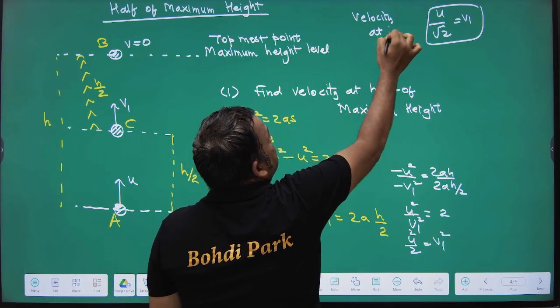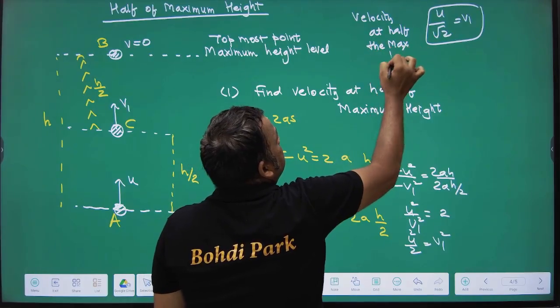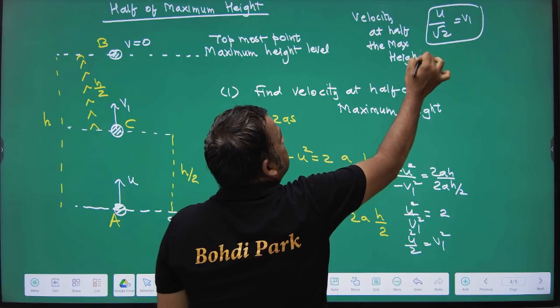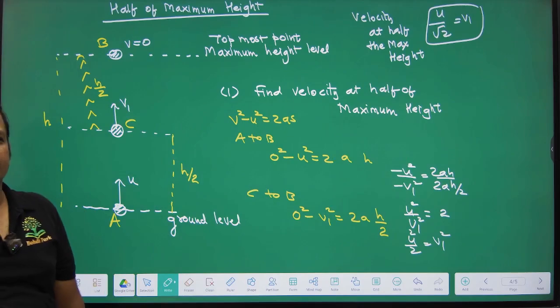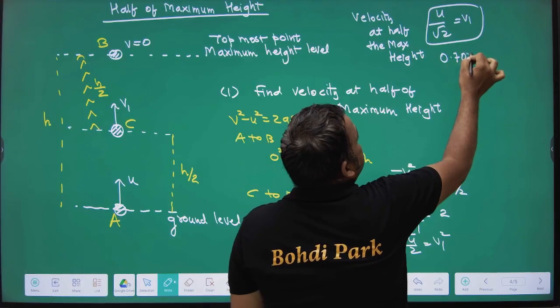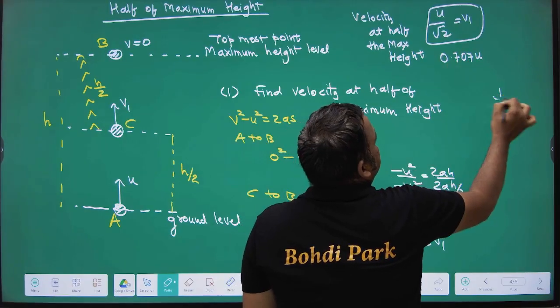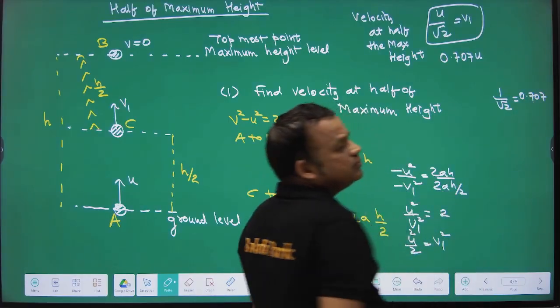Velocity at half the maximum height, which is u by root 2. u by root 2 can be written as 0.707 u, because 1 by root 2 value is 0.707.